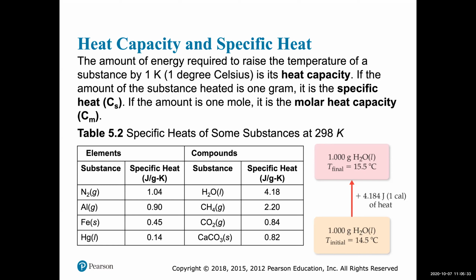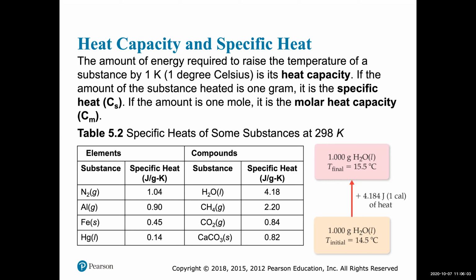It's a per gram value, and that's a capital C with a small s subscript. There's also molar heat capacity, designated as a capital C with a small m subscript. So if it's capital C sub s, that's on a per gram basis. If it's capital C sub m, that's on a per mole basis.